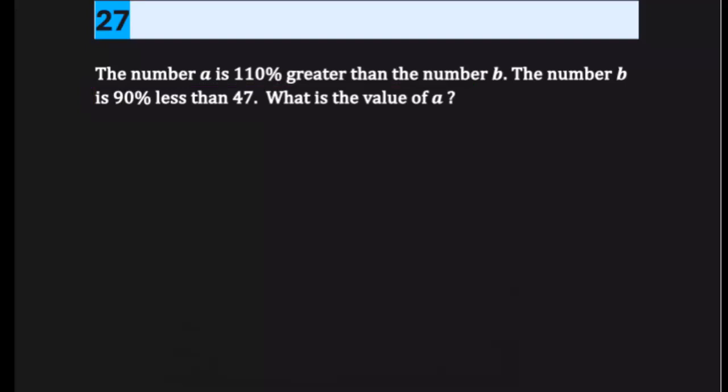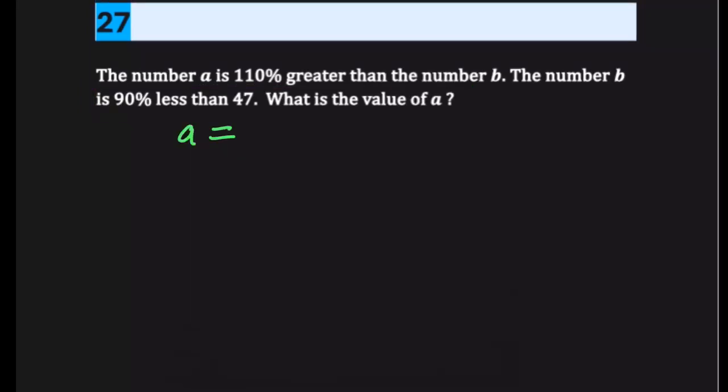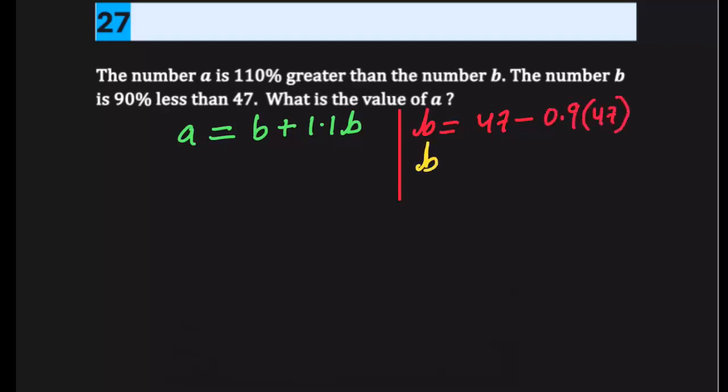So let's start with the first one. A is equal to B plus 110%, which is 1.1, so B plus 1.1B. So B is 90% less than 47. So 90% is 0.9 times 47. And B is equal to 47 minus 0.9 times 47, that's 42.3, and B is equal to 4.7.